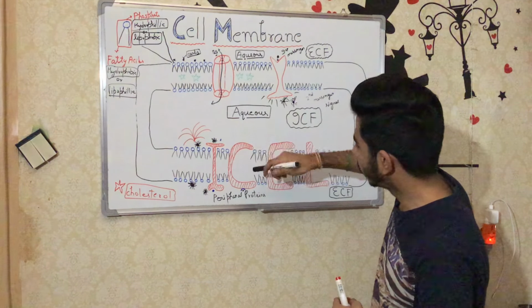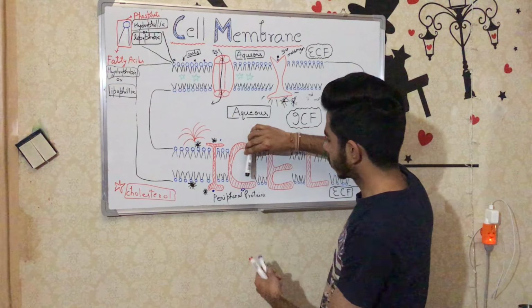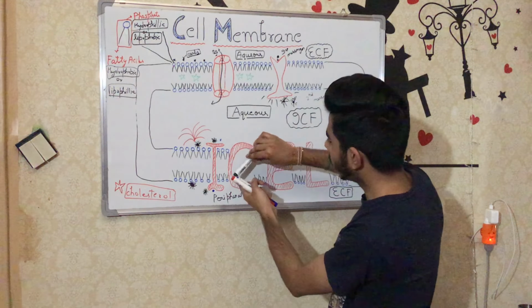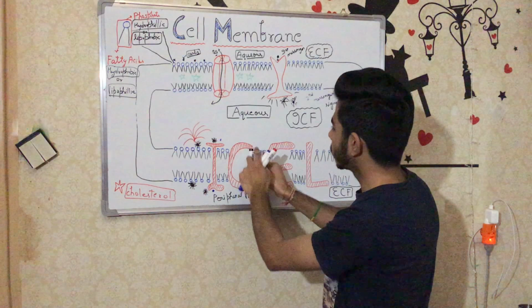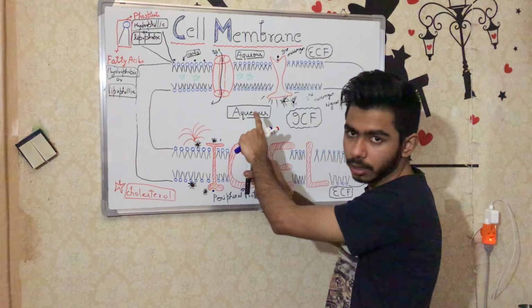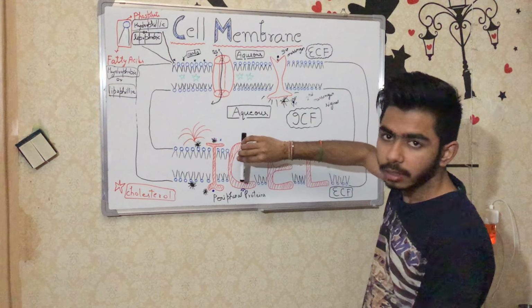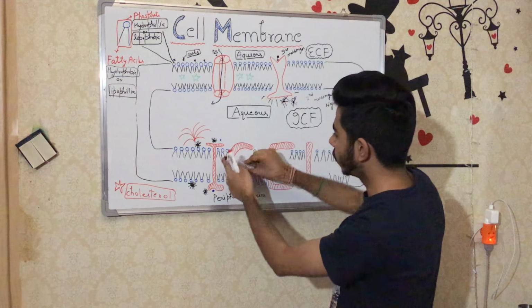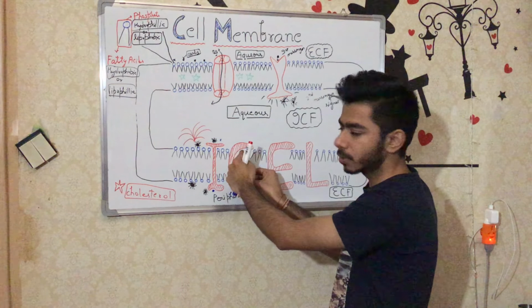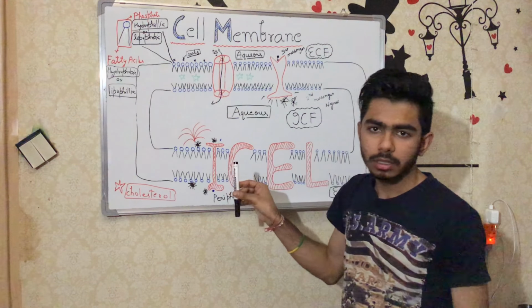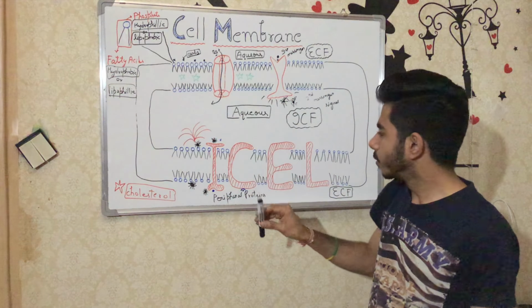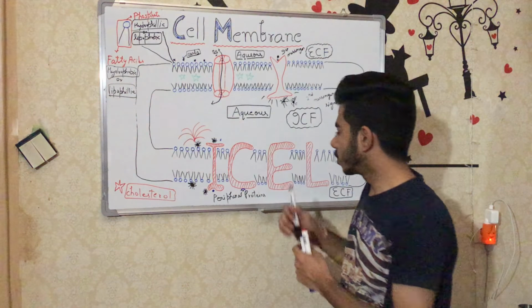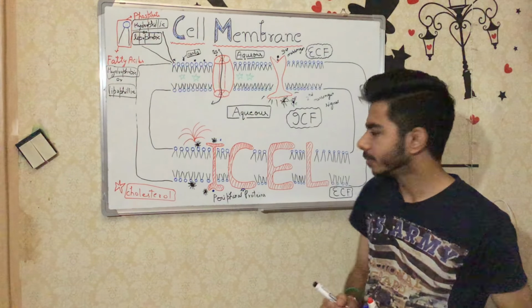So if something binds over here, it will flip and pass the substance into the cell, and again it will flip back. Any substance will come over here, it will flip and help the substance pass into the cell. So this carrier protein works like that.